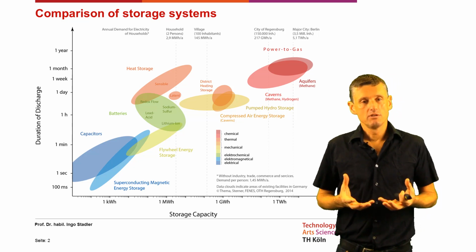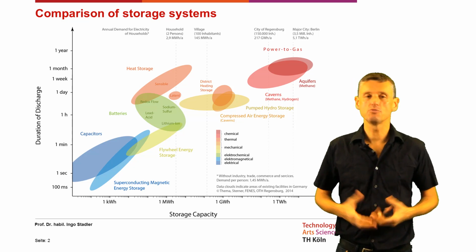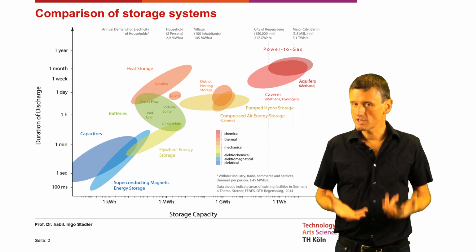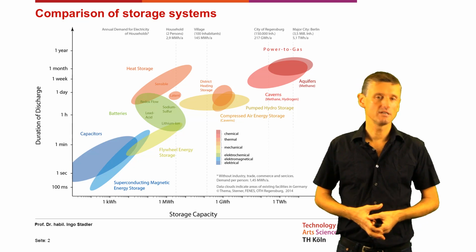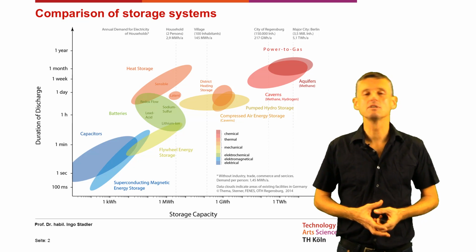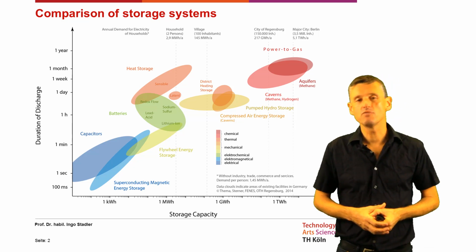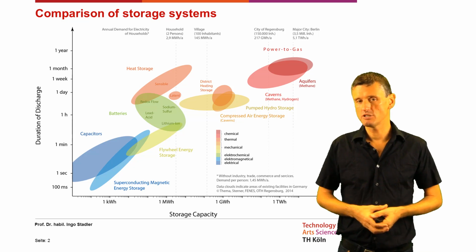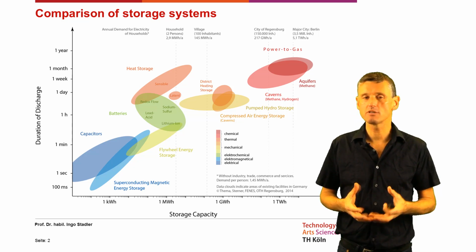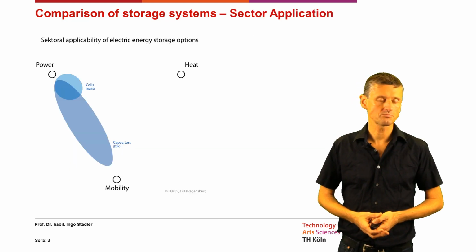Then we come more to the hourly to daily range, and that is the typical application of battery systems and also sensible thermal heat systems. And the further right we go in the diagram, the more we come to the chemical energy systems, either liquid chemical or gaseous chemical systems.